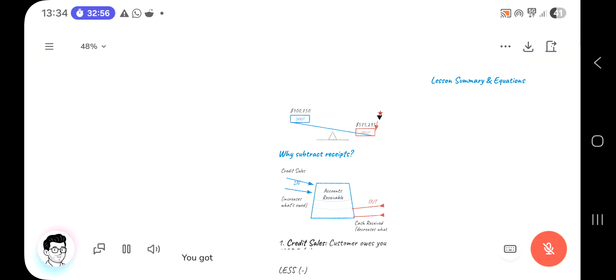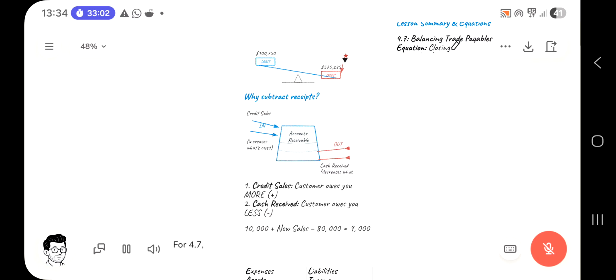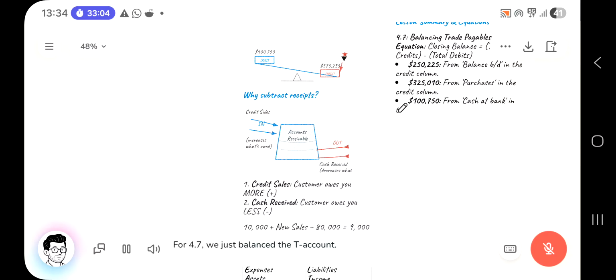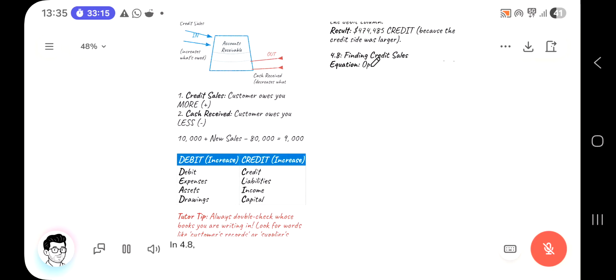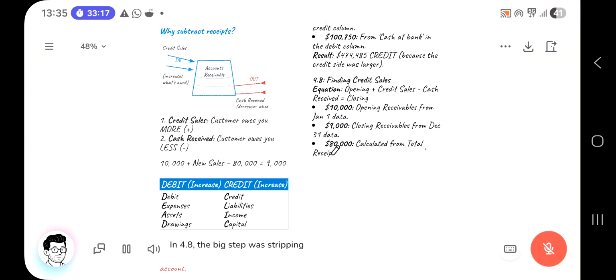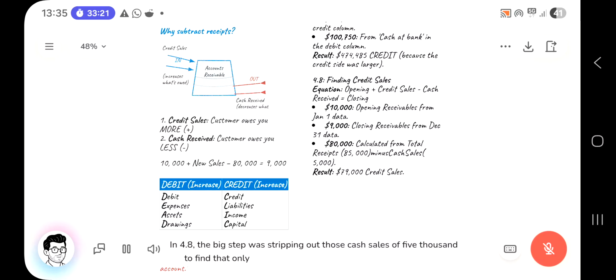You got it. Let's pull it all together so you have a clean reference. For 4.7, we just balanced the T account. We added up the credit side and subtracted the only debit entry we had. In 4.8, the big step was stripping out those cash sales of $5,000 to find that only $80,000 came from our actual debtors.